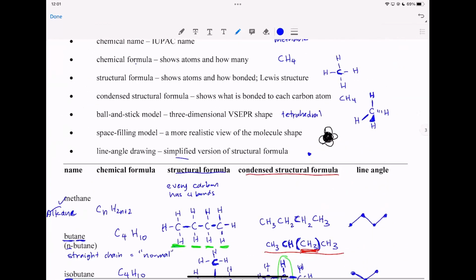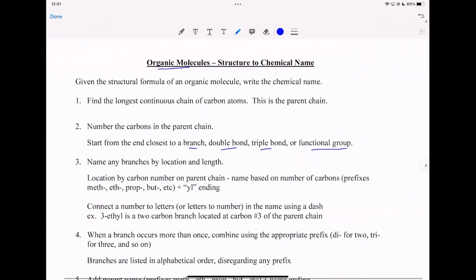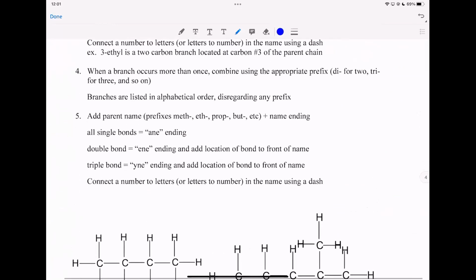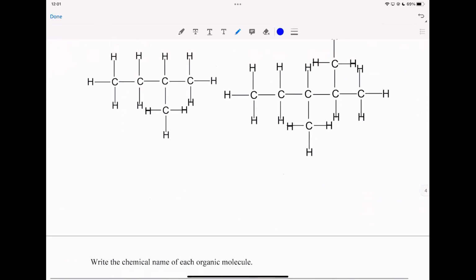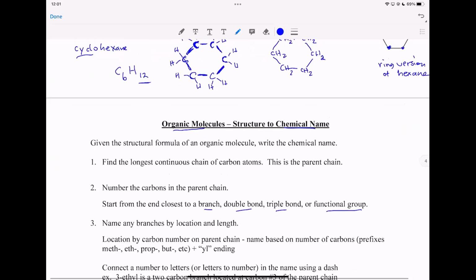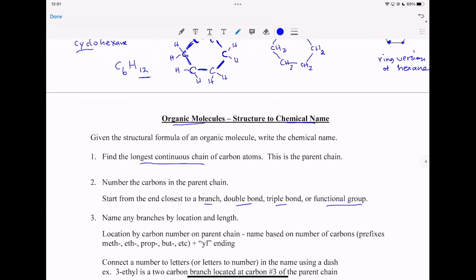But let's go down to the rules, or the steps, for writing the chemical name when you're given a structure. Okay, so we looked at these 2 examples in the video. So these 2 examples, and you are starting with the longest continuous chain of carbon atoms. That's going to be the parent chain.